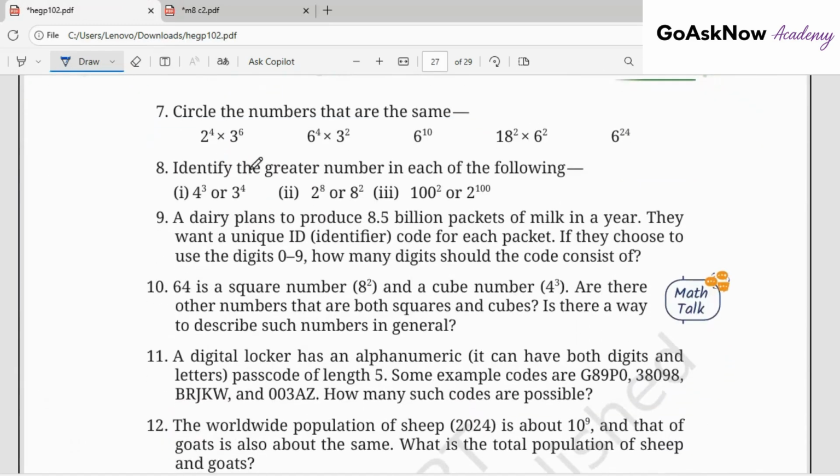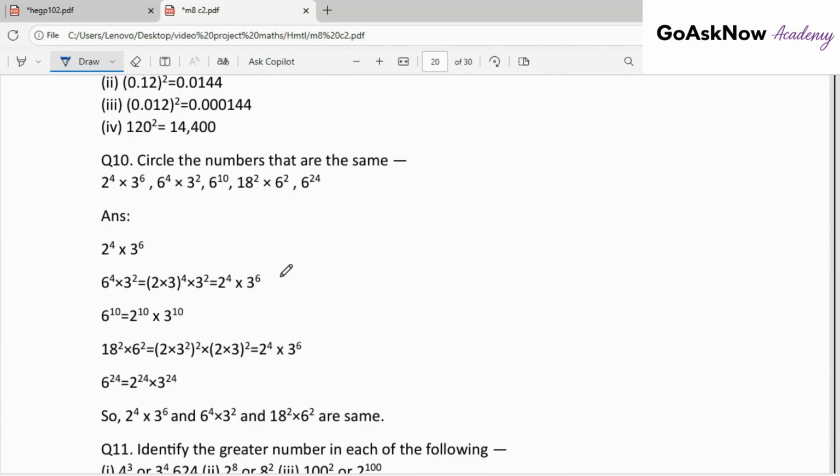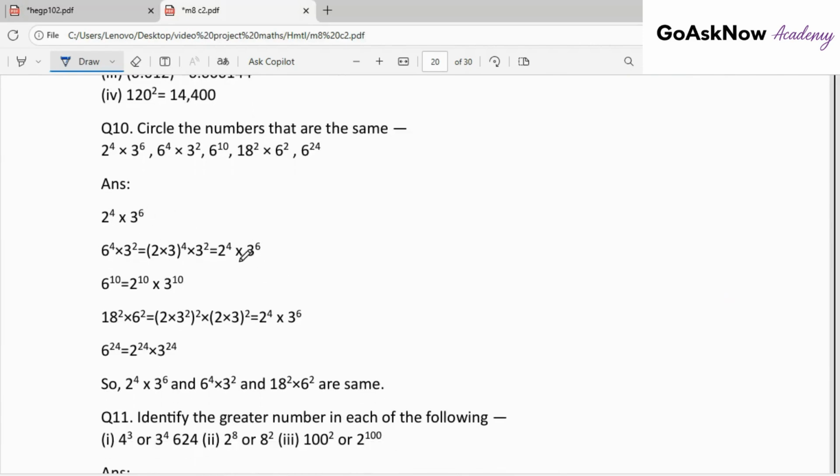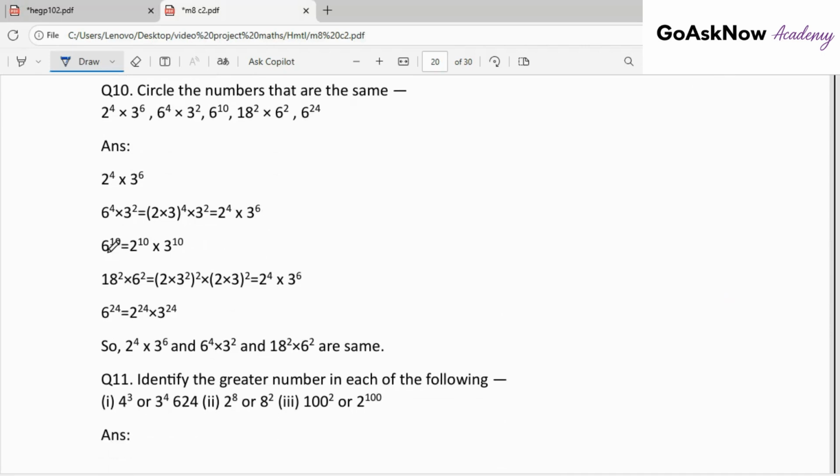Next, circle the numbers that are same. 2 power 4 into 3 power 6. Writing that 6 power 4 into 3 power 2, 2 into 3 power 4 into 3 power 2 is equal to 2 power 4 into 3 power 6.